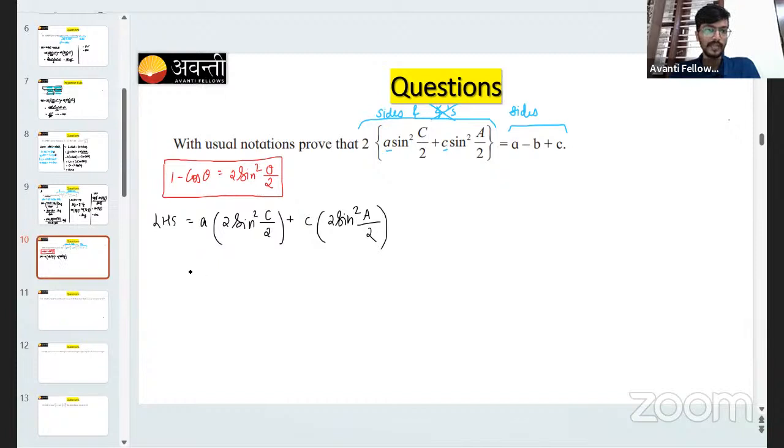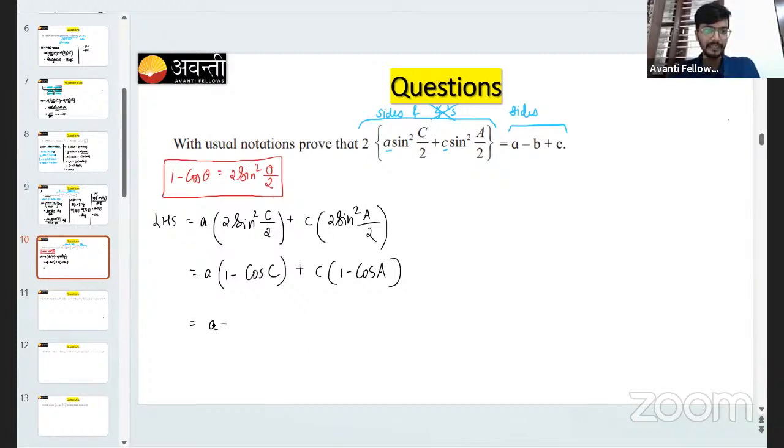And I can write 2 sin square theta by 2 as 1 minus cos C plus C into 1 minus cos A. Now I don't want cos A and cos C. I need to convert angles to sides.